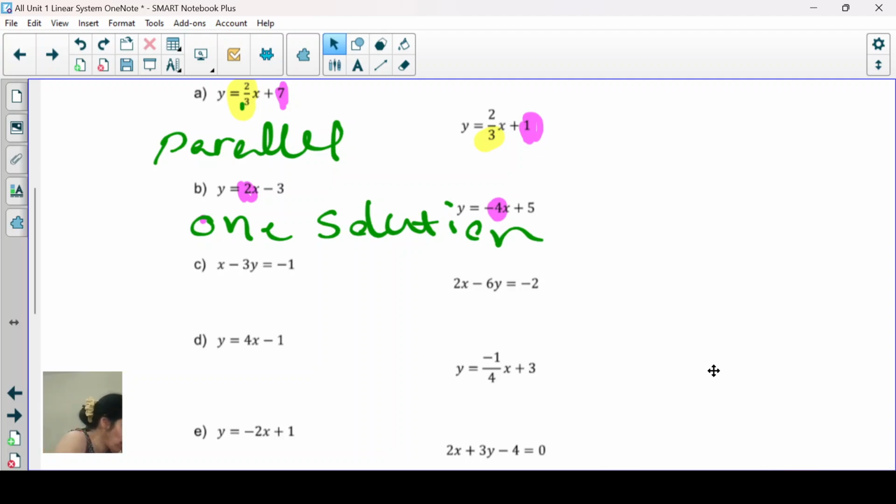So I'm going to factor 2, or divide both sides by 2.